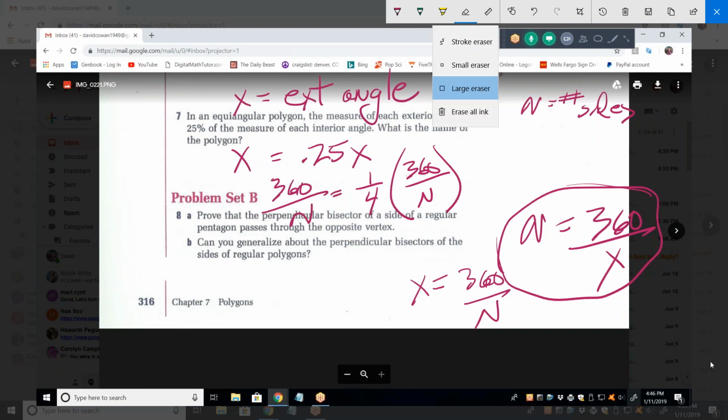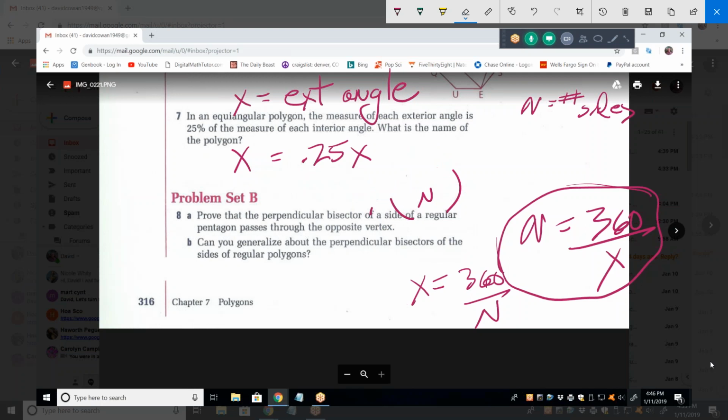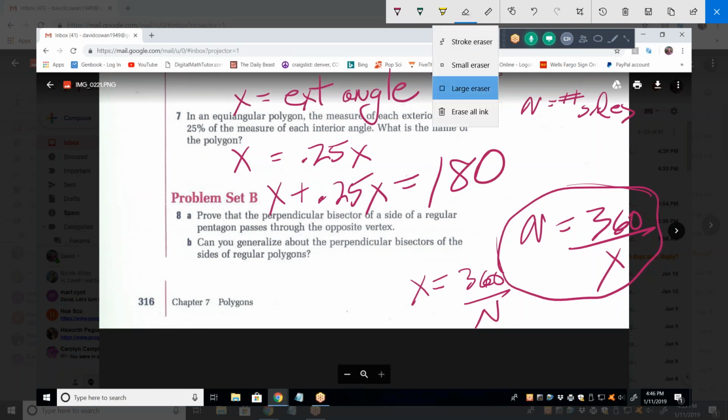Actually, how can X be equal to a quarter of X? Here's what we know: the sum of those two angles, X plus 0.25X, equals 180. So now we have our two equations and two unknowns.